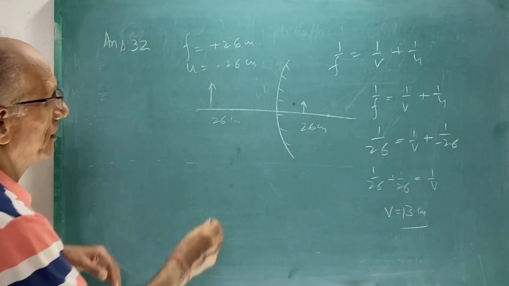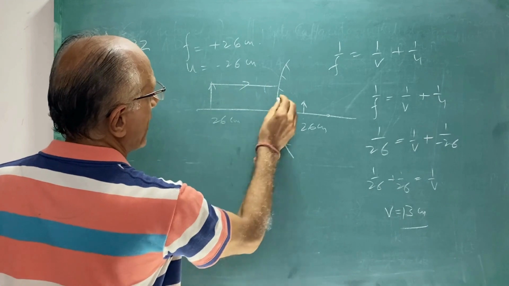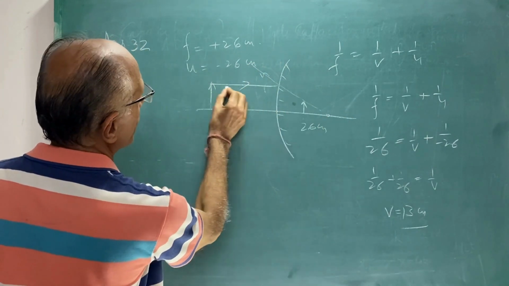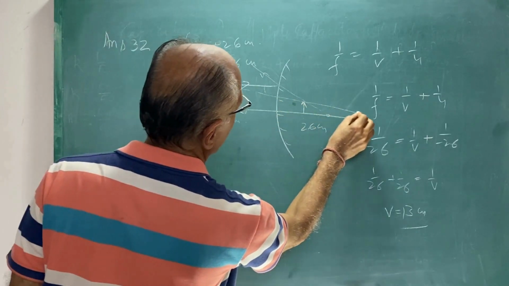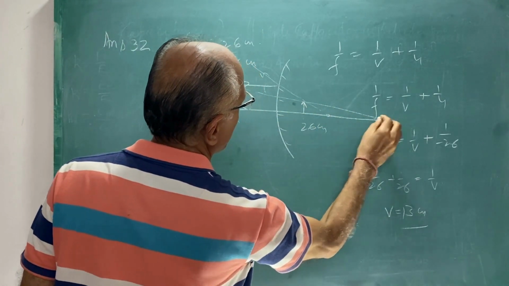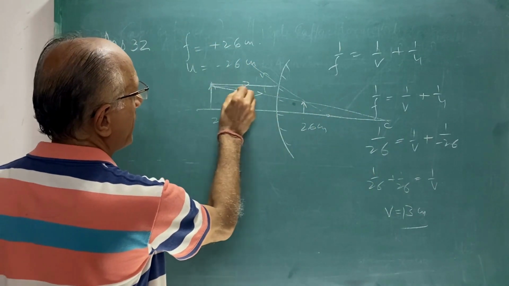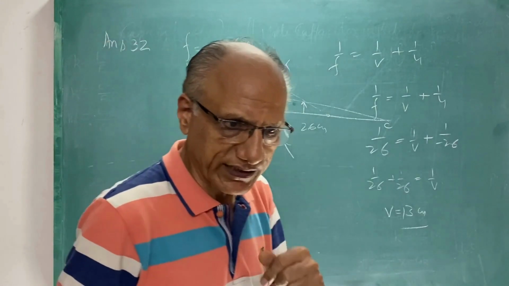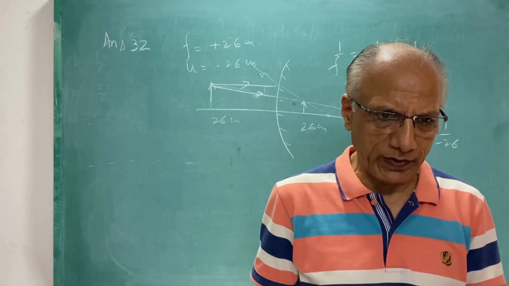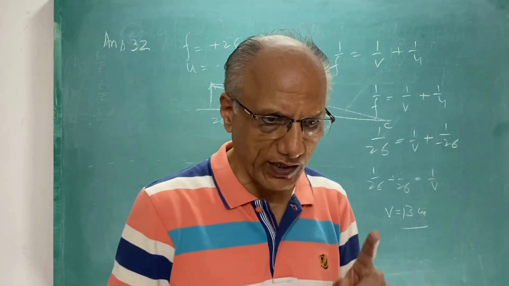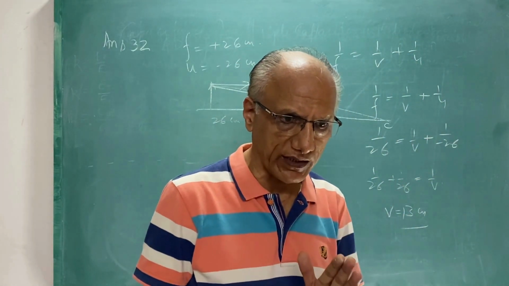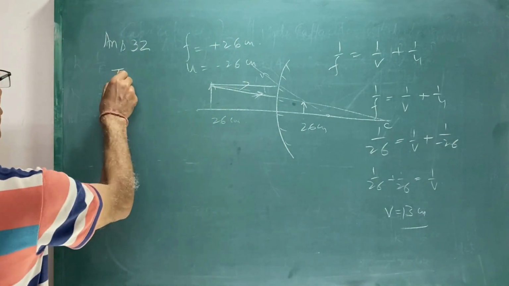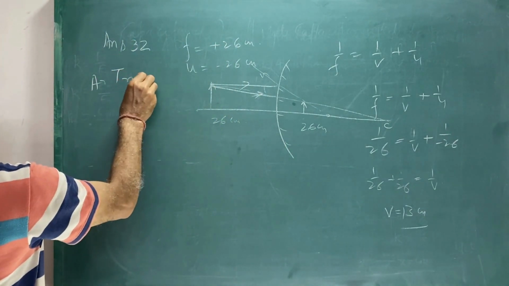You can also check that with the help of a ray diagram. See, here the image is formed at this point. So that means the assertion, a point object is placed at a distance of 26 cm from a convex mirror of focal length 26 cm, the image will not be formed at infinity, is absolutely true. So the assertion is true.